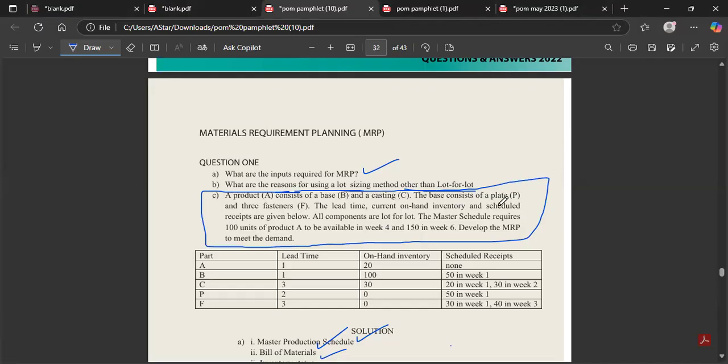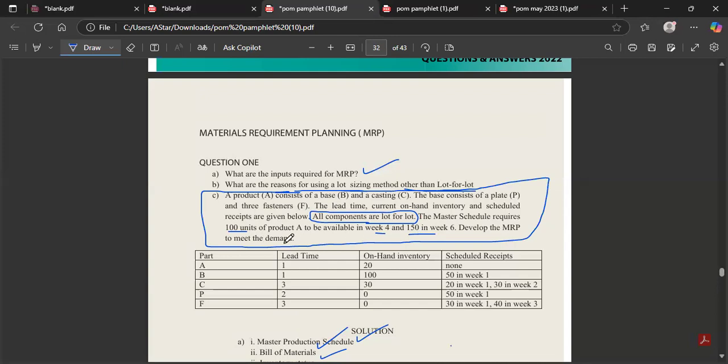The base consists of a plate and 3 fasteners. That's why the product structure tree will come in. The lead times, current on-hand and inventories are given. All components are lot for lot. The examiner likes this lot for lot. The master schedule requires 10 units of A in week 4 and 150 in week 6. Develop the MRP to meet the demand.